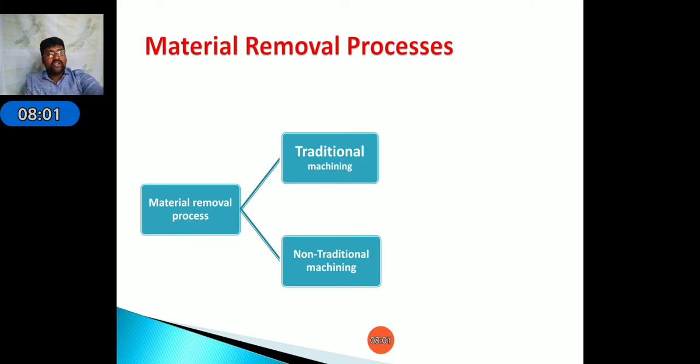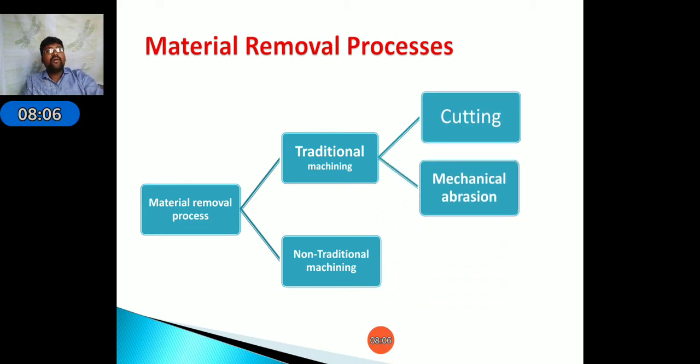In traditional machining, cutting and mechanical abrasion are the main processes. Cutting means, suppose we have to drill a hole using a drilling machine; boring and honing are different cutting processes. Mechanical operation means grinding machines, broaching, or lathe; these different equipments come under mechanical operation. These are the traditional machining processes.